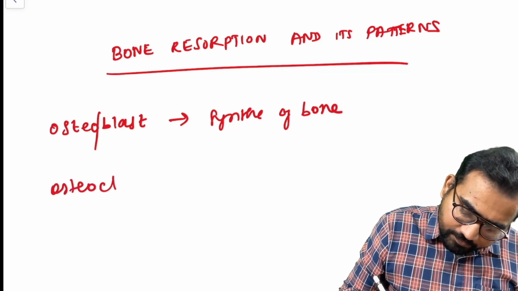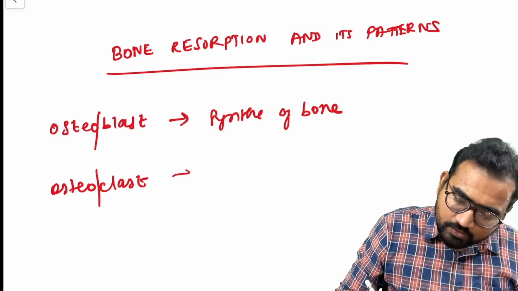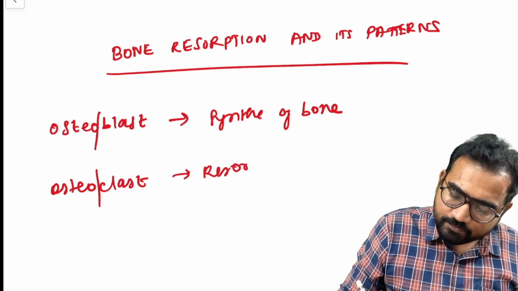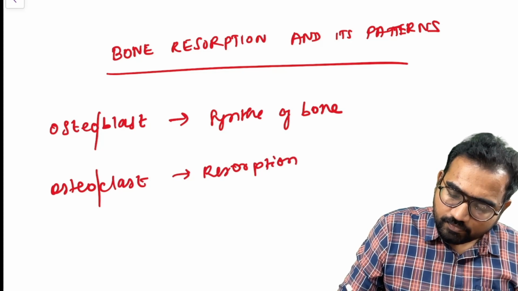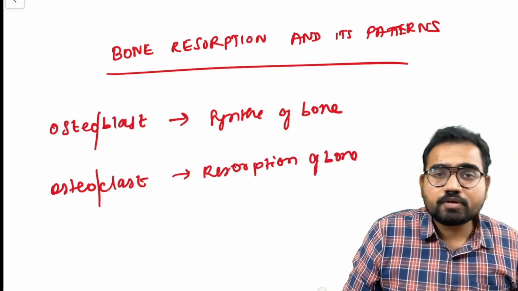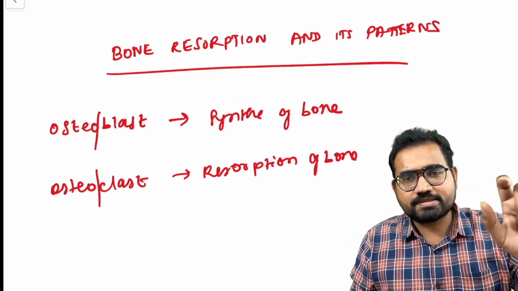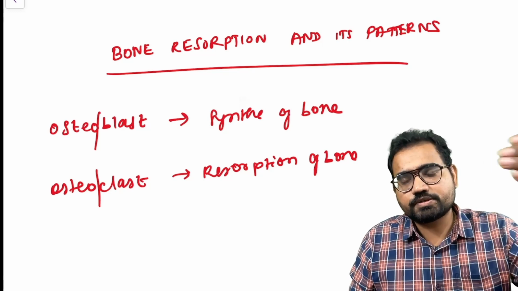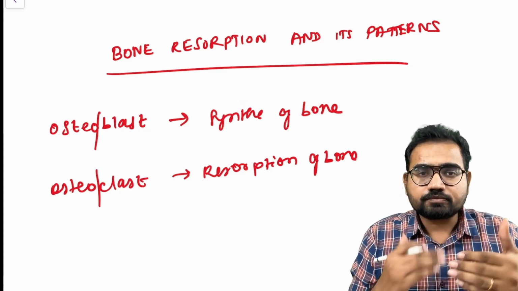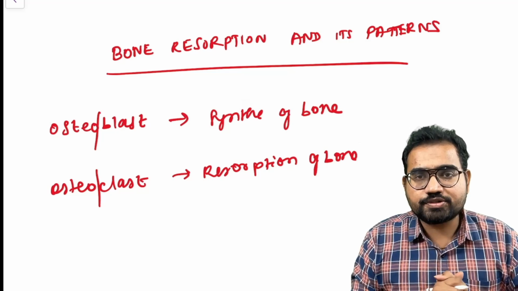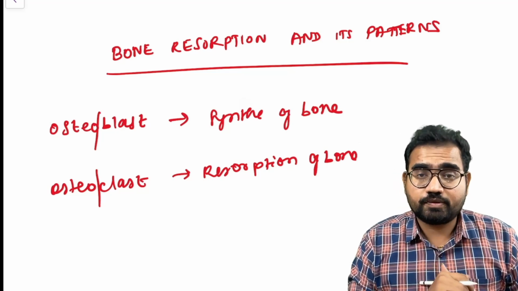Osteoclast, resorption of bone. Do you have any doubts in this? Very basics, right? Osteoblast is a cell which is responsible for synthesis of bone. Osteoclast is a cell which is responsible for the resorption of the bone, right?